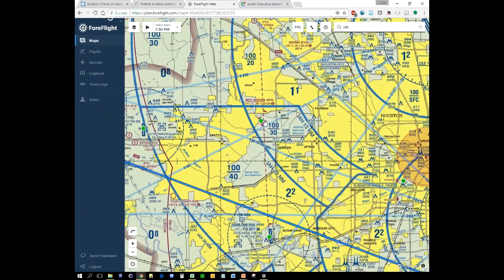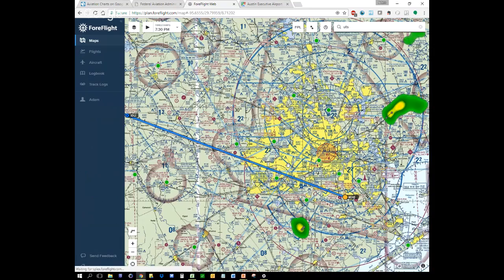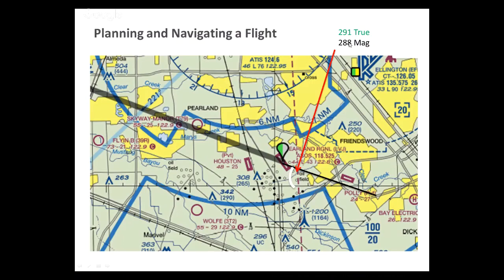That's right, subtract east. So 291 minus 3 is 288. You have to be careful, because going from magnetic course to true course it's the opposite: if it's east, you add. But we're going true to magnetic, so we subtract. That gives us 288 magnetic.